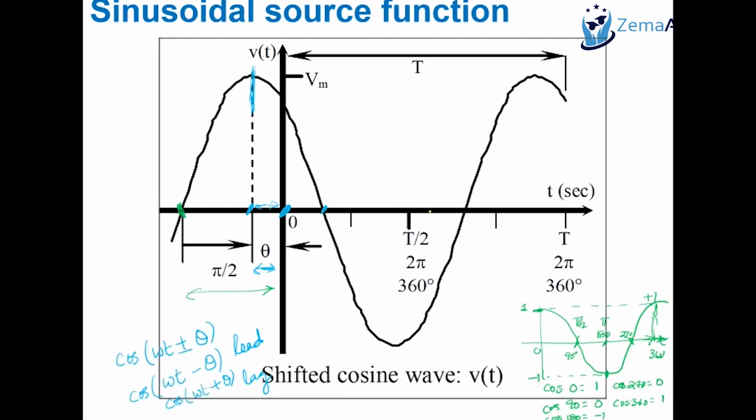So if it starts here, it should probably go through that point and somewhere there. So if you're talking about cosine, that would be the maximum.